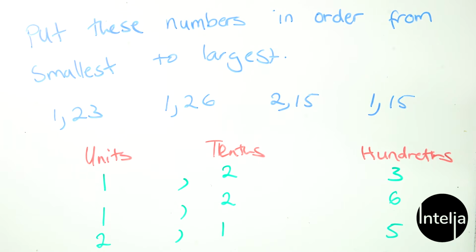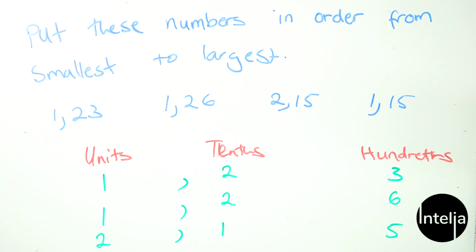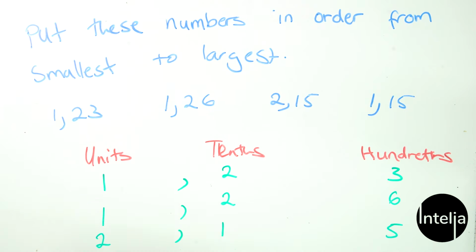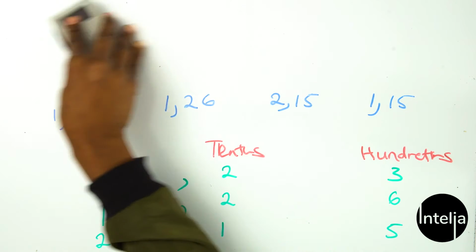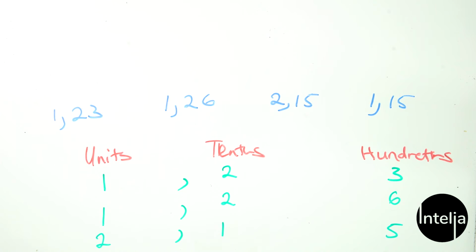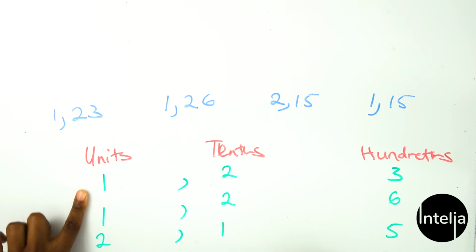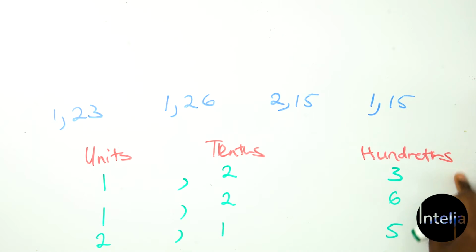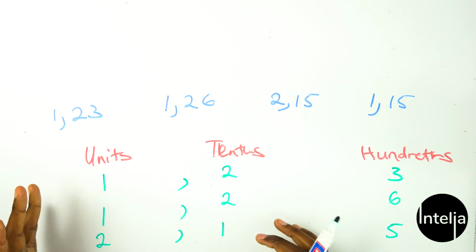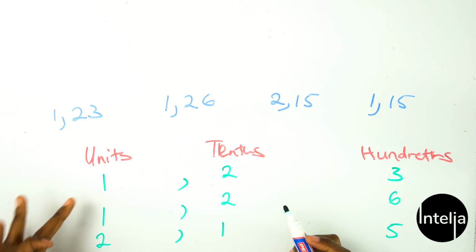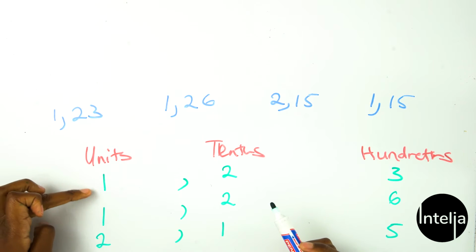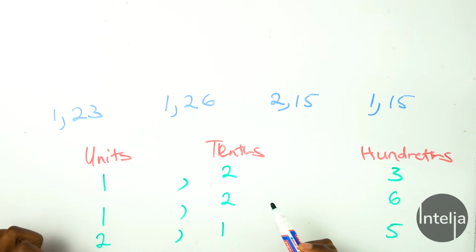So in order for you to know which one is the smallest and which one is the largest, you compare from the units, the tens, and the hundreds. If the units are equal, then you go to the tens. If they're equal, then you go to the hundreds. The units, we have 1, 1, 2, and 1.